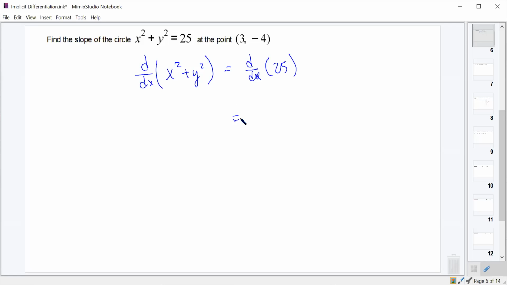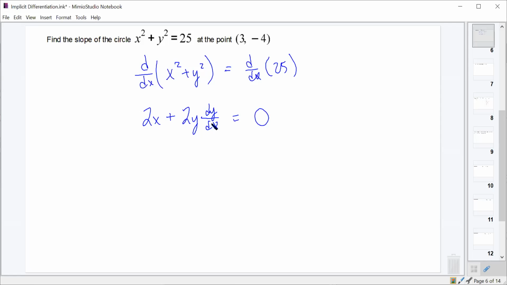0. And what about the derivative of x squared plus y squared? Well, the x squared should just be 2x, and the y squared ought to be 2y times the derivative of y with respect to x.